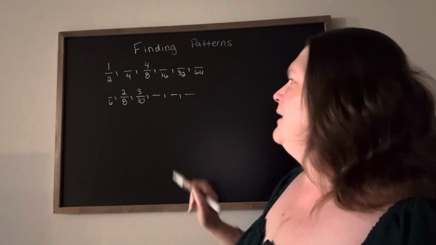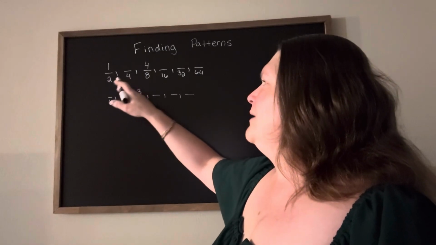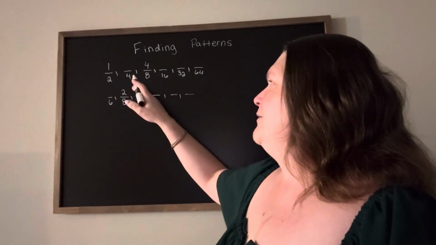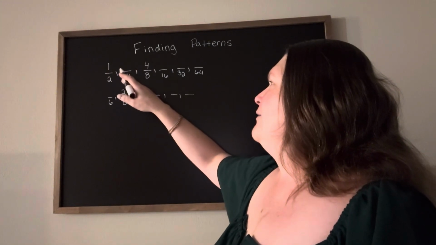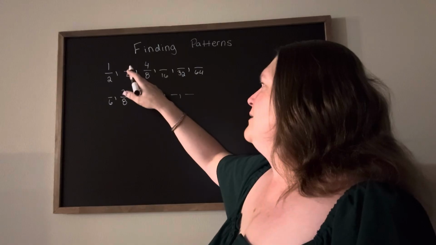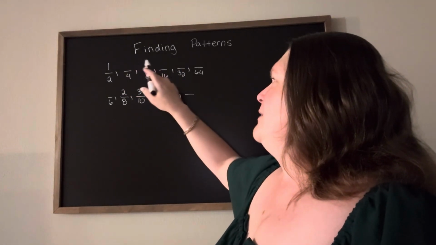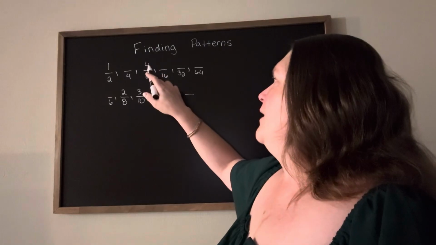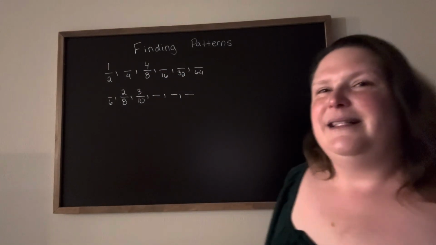If you look at this, you can see that 4 is twice 2, and 8 is twice 4. Also, you have a 1, and then you would assume you would do 2 here, because 2 times 2 is 4, and you follow the same logic for the denominator.